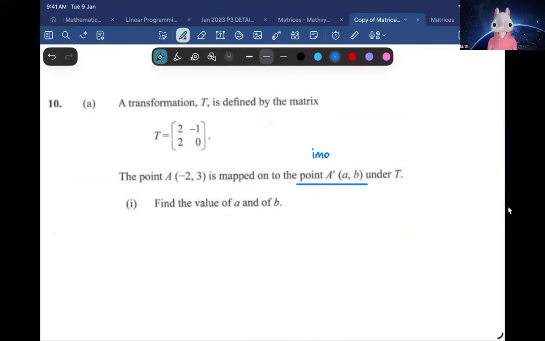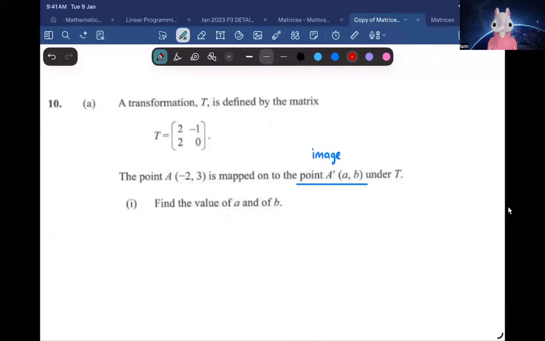So what's the equation for me to find the image? How would I find the image? Remind me, guys, what by what is the image? Okay, everybody real quiet.